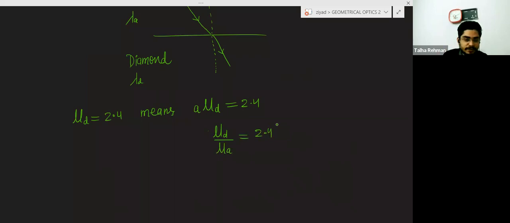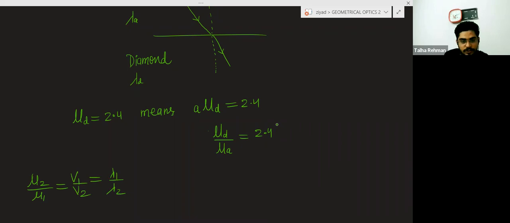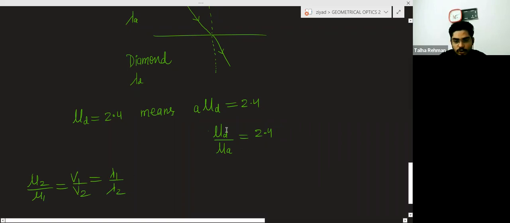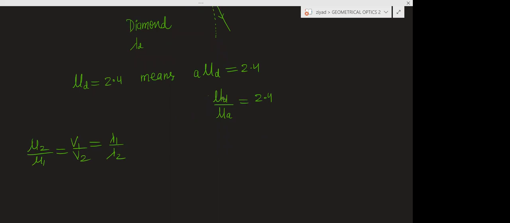Now there is a relation: the refractive index of medium 2 with respect to medium 1 is equal to V1 by V2, which is equal to lambda 1 by lambda 2. So can you use this relation to solve this question? Refractive index of diamond is given.